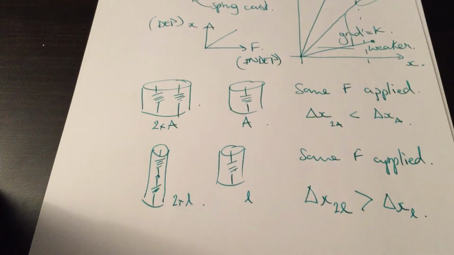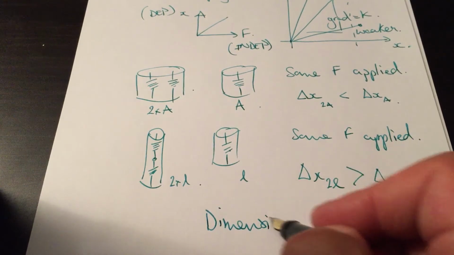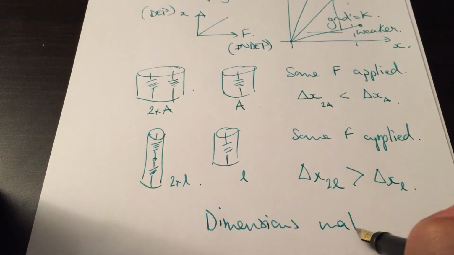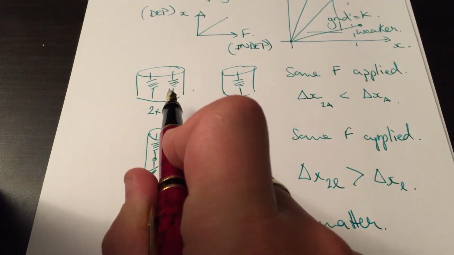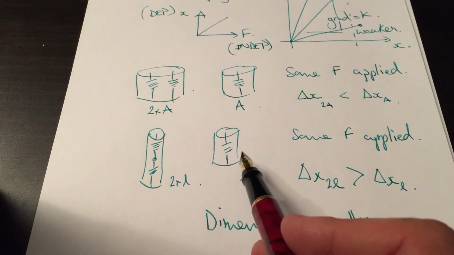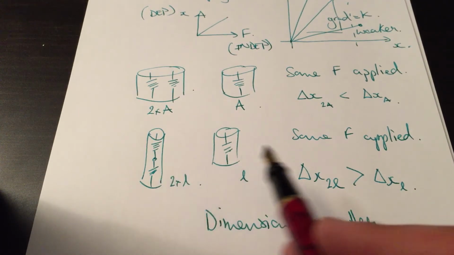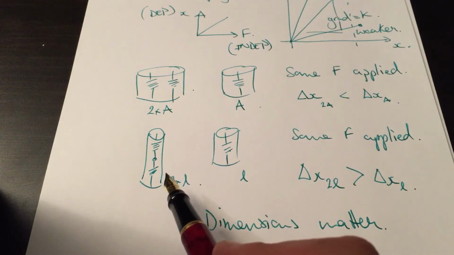So really what this is saying is that dimensions matter. If something is thicker, it's not going to extend as much because it has a greater cross-sectional area. If something is longer, though it may be the same material, the extension will be greater because it's twice the original length, or it's a longer original length.